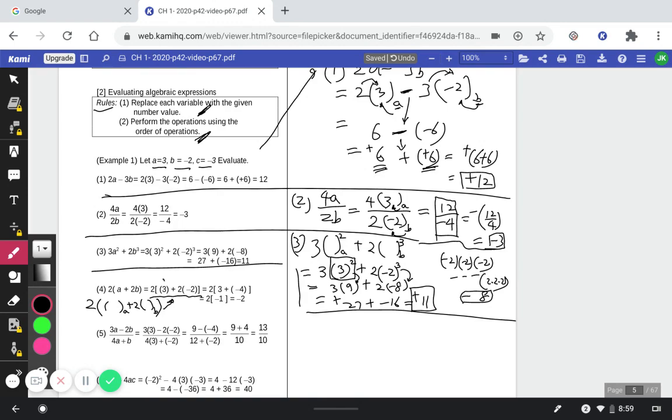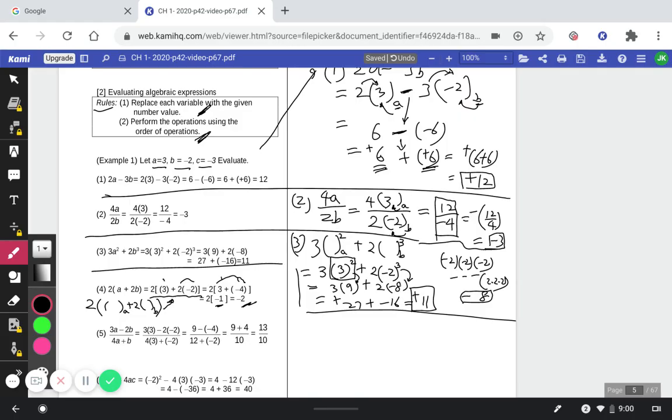So you have 3 plus 2 times negative 2 makes negative 4. Now, if you add inside, 3 plus negative 4 is negative 1. And you have a 2 outside. So 2 with a parenthesis or a bracket is 2 times inside, right? So 2 times negative 1 is negative 2. So you end up with negative 2.